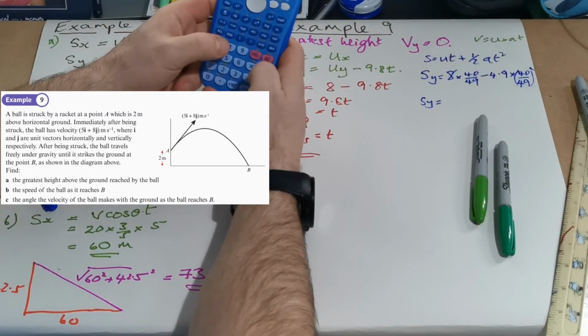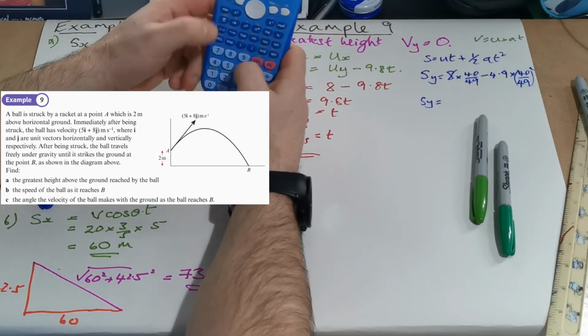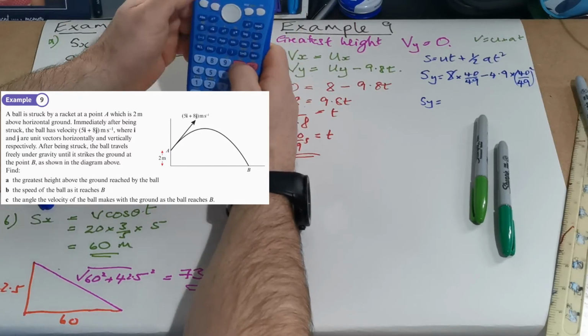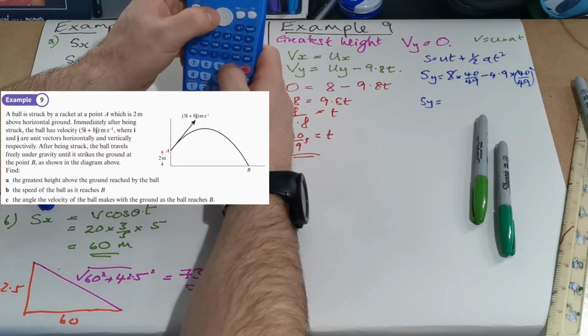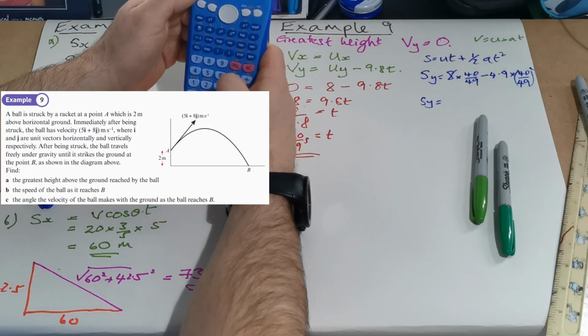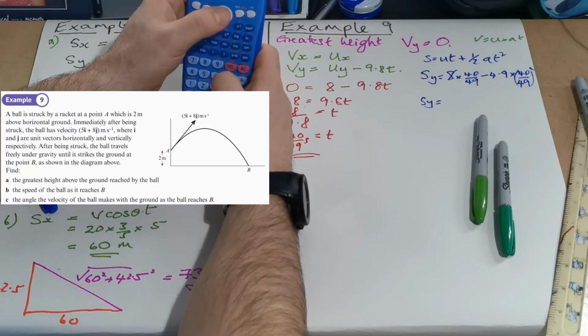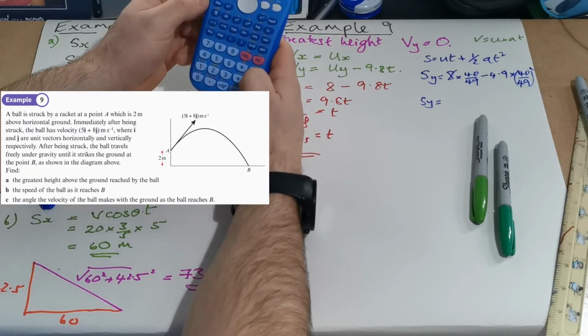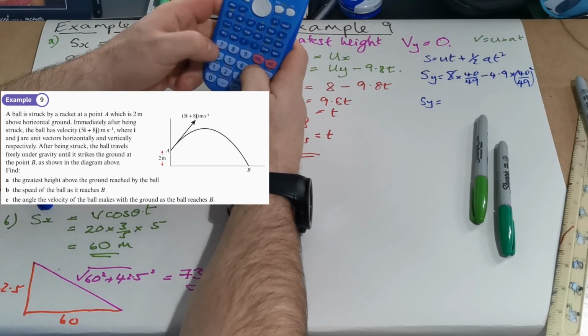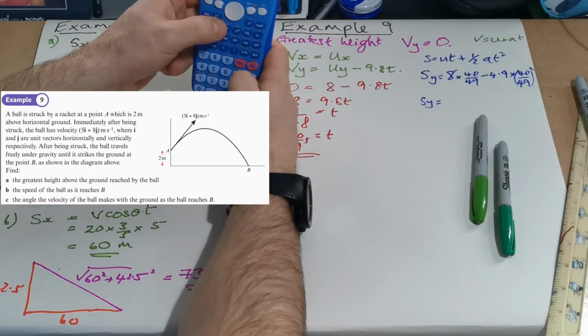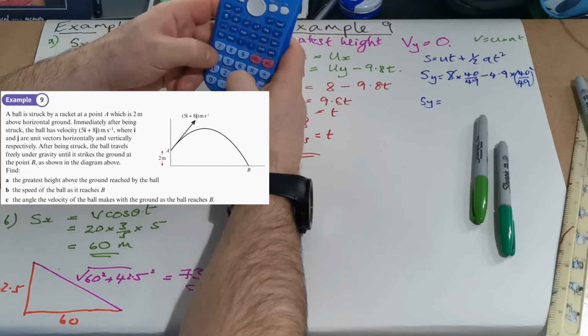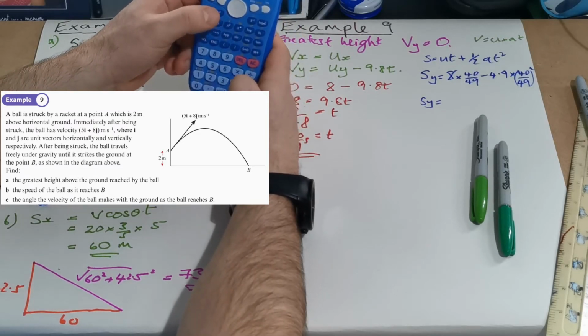So I have 8 times 40 over 49, minus 4.9 times 40 squared over 49 squared.